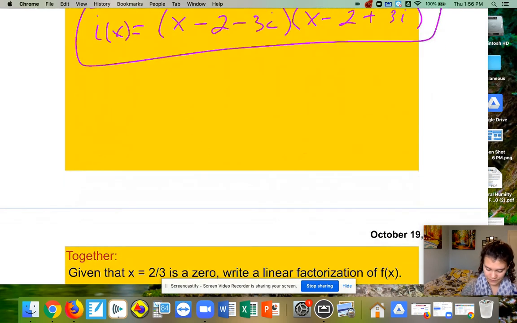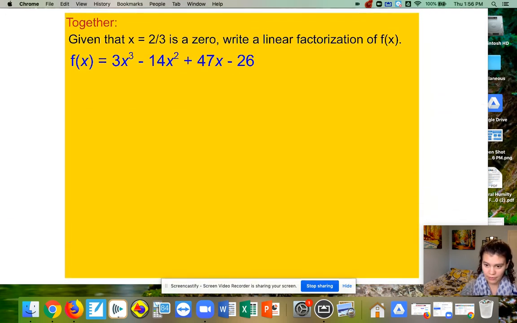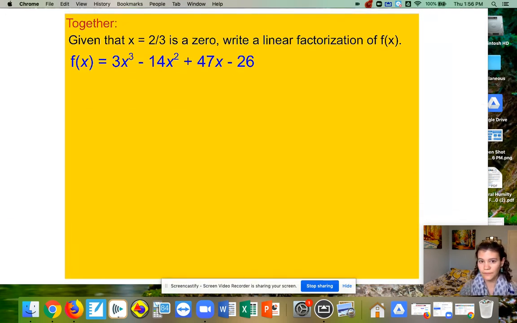Okay, so if we keep going here, looking at this, we have that 2/3 is a zero. We want to write the linear factorization of this function. So first off, you want to find all of the zeros so you can actually write those down. So I'm going to start by doing division using 2/3.